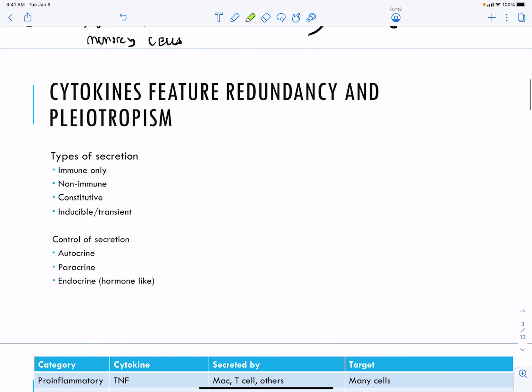So cytokines have a few features. One is that they're redundant. So cytokines can have similar properties. An example of this is going to be IL-1 and TNF.